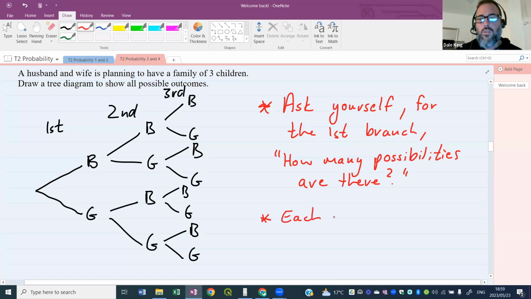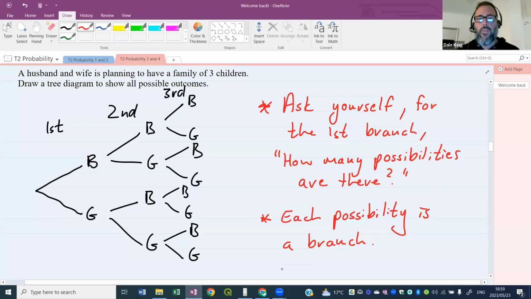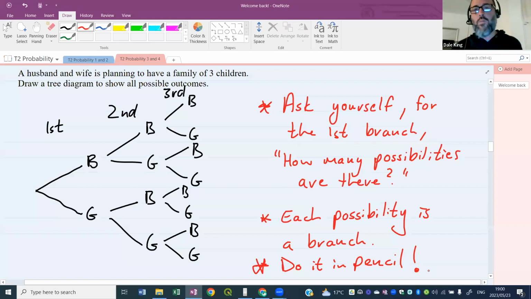Each possibility is a branch. All right. And then a big star. Do it in pencil because I promise you, you're going to rub it out a couple of times. The spacing is going to be an issue. Do it in pencil, please.